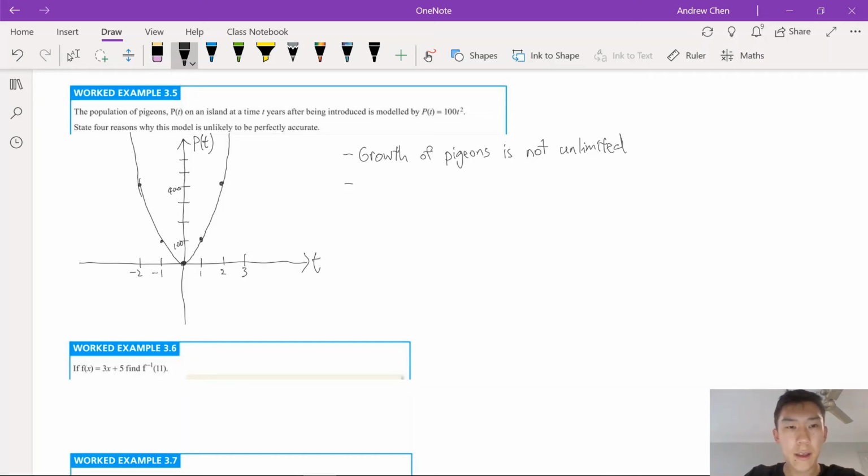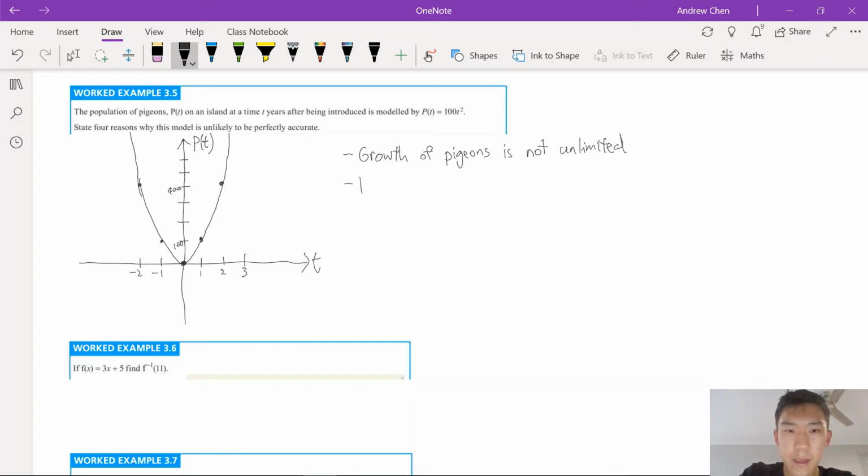So another reason is, well, population growth kind of happens in cycles, or like different seasons when it comes to animals.